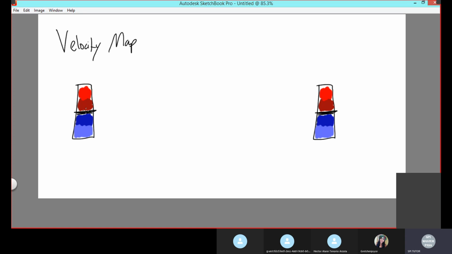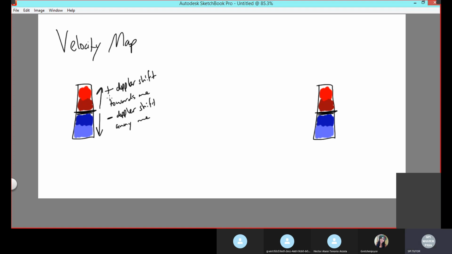So if this is your baseline and you are above it, there's going to be a positive Doppler shift, and it would be towards me. If I am below my baseline, it will be a negative Doppler shift, and it would be away from me. Just the opposite, okay?